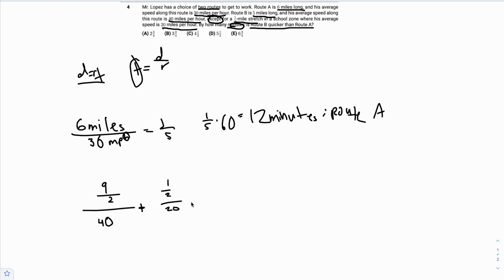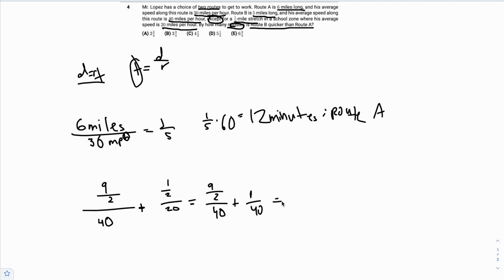And this is just Route B. Now we just have to solve. We want to find a common denominator here, so we multiply by 2/2, times 1 over 40.